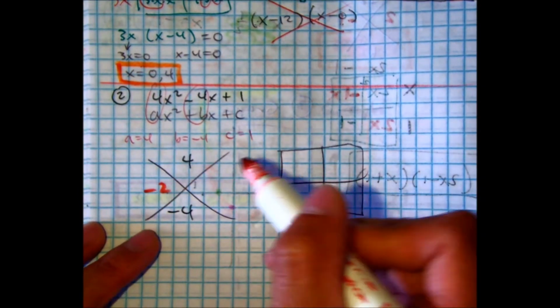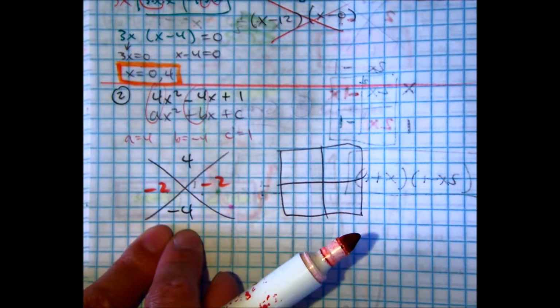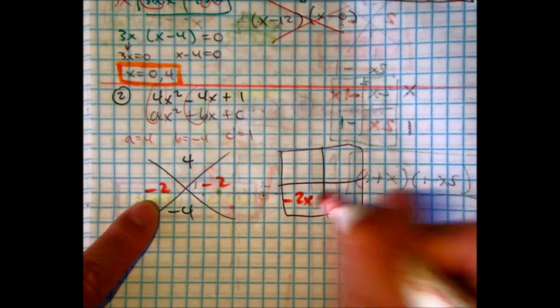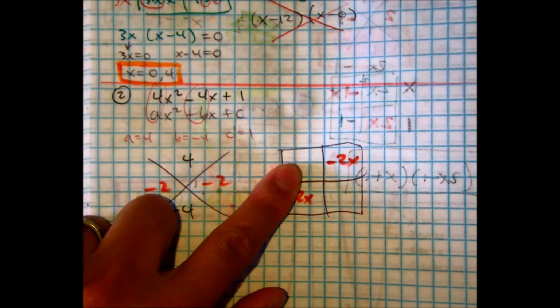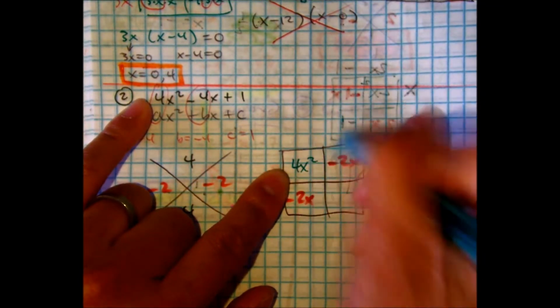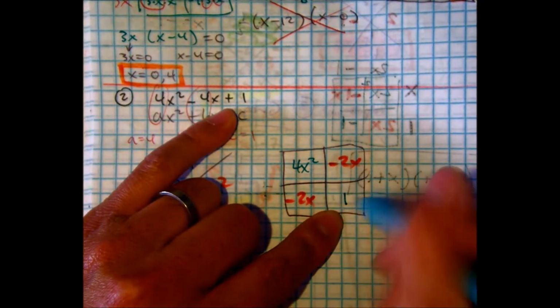Negative 2 and negative 2, right? Those multiply to be positive, and then those add to be negative. Bottom left, top right. Class, what do I put here? First term. And here. Always put the C value of 1.